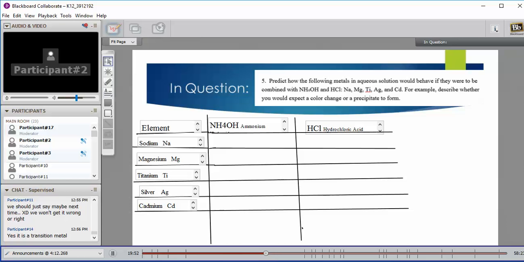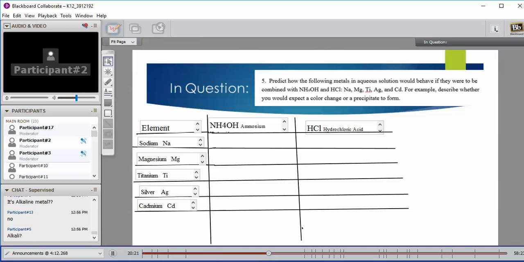Tell me, is sodium a transitional metal or not? Everybody needs to relook at that periodic table. They're looking at that alternative periodic table that we don't use in this class. Don't do that.